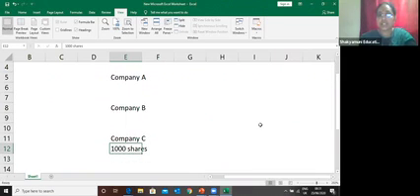Company C has 1,000 shares means share capital. So assume $1,000 is the share capital.